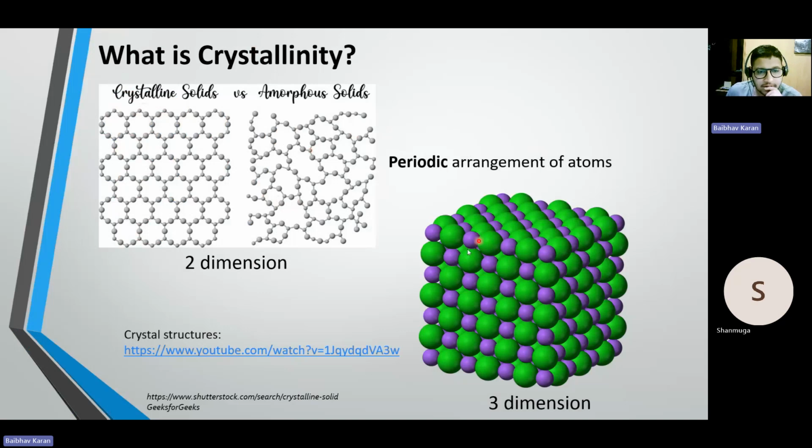The three-dimensional solid, as you can see here, also has a periodic arrangement of atoms as seen in two dimensions. Similarly, amorphous solids will be randomly oriented. This arrangement of atoms decides the properties of the elements, like how closely they are packed and how randomly they are oriented, as in the case of amorphous solids. This will decide the properties they will show in bulk materials.